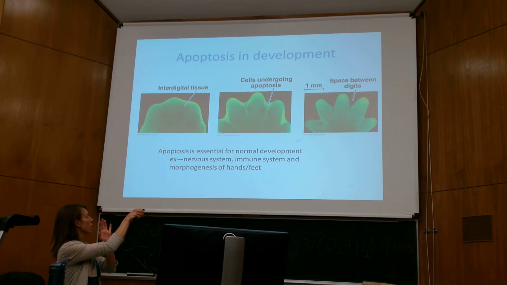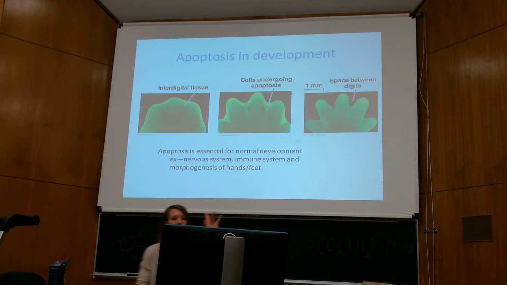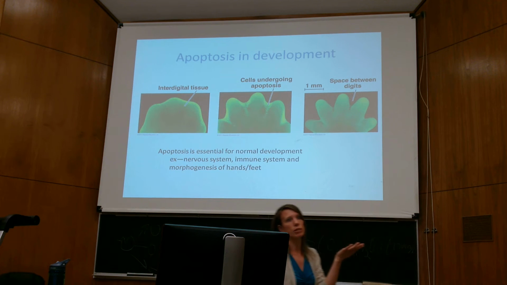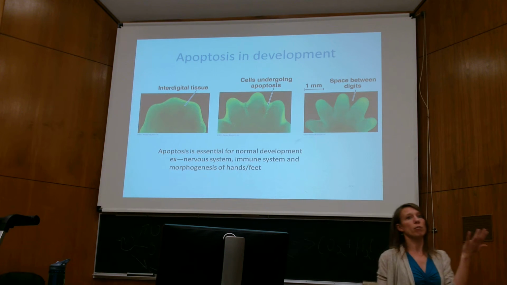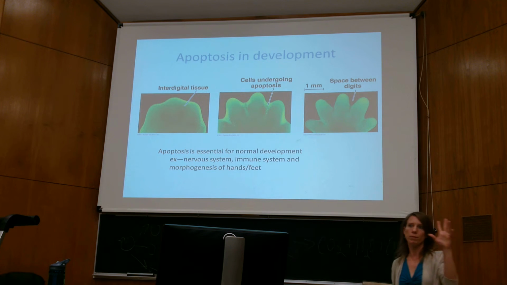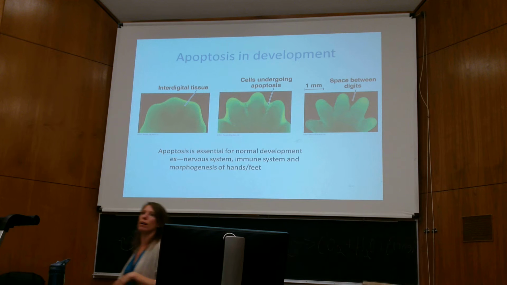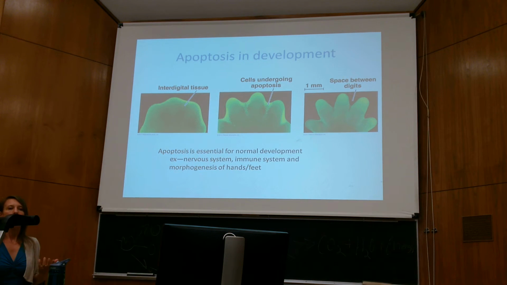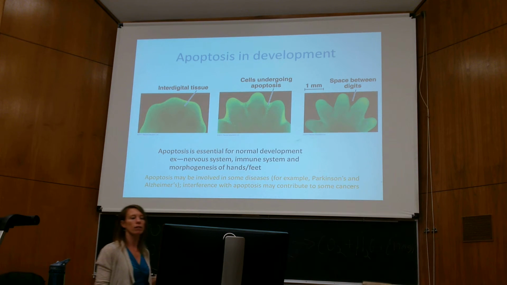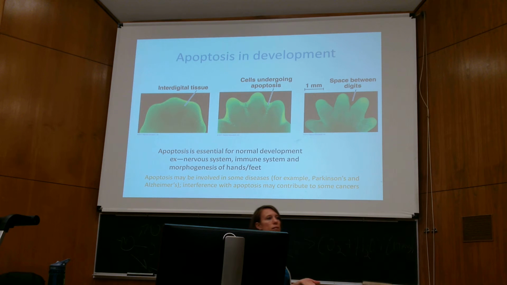It undergoes apoptosis until you get normal digits with space in between. If you have a mutation that inhibits apoptosis, you end up with webbed hands and feet because this did not occur during embryology.